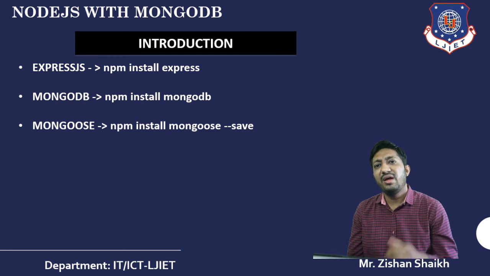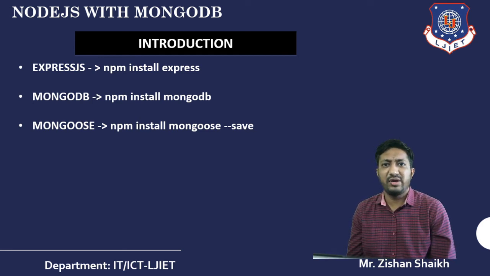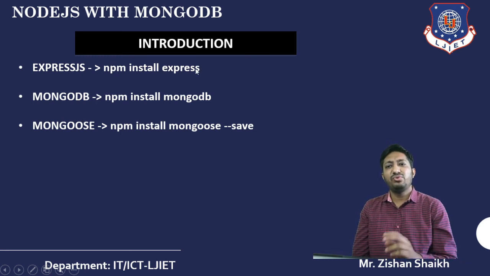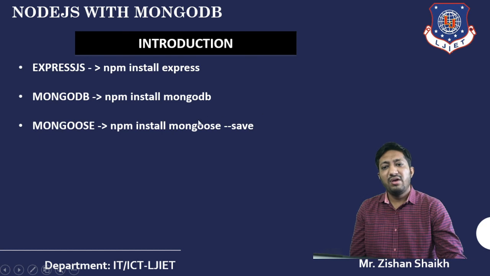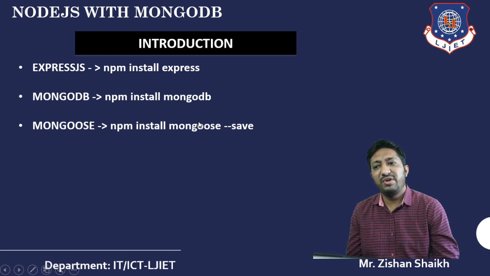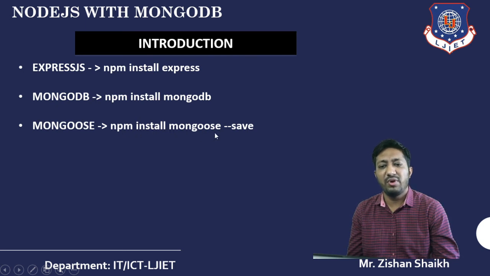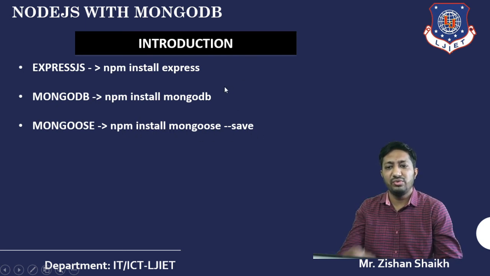You have to include the express.js package, because in Node.js you have to import that first for creating a web application. So for that we are using npm install express. Then we have to use the MongoDB database, so npm install mongodb is there. And lastly, to connect your MongoDB with your Express.js application, that is Mongoose. For that you have to use npm install mongoose.